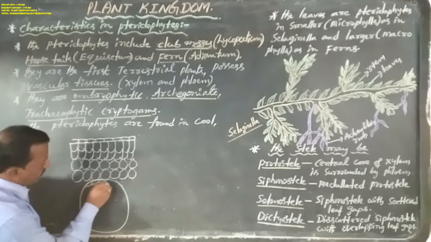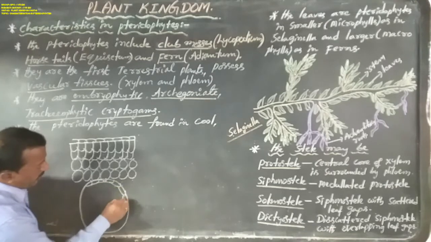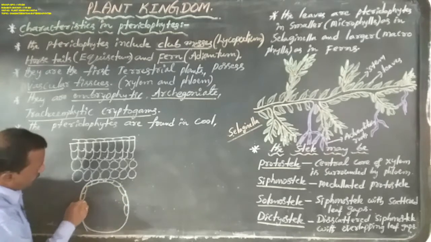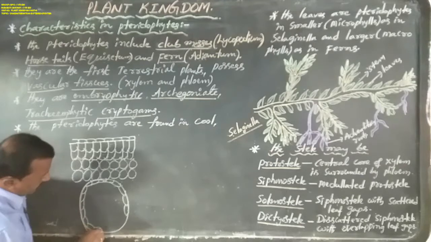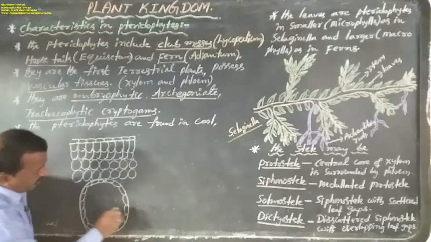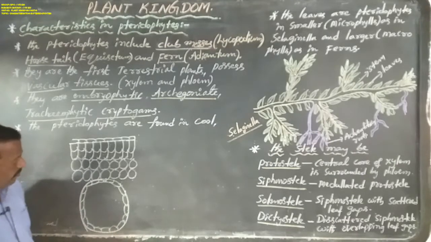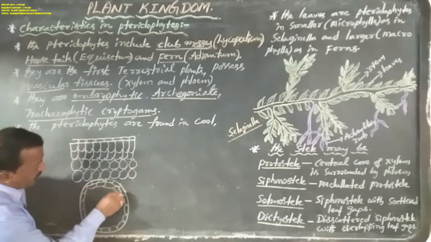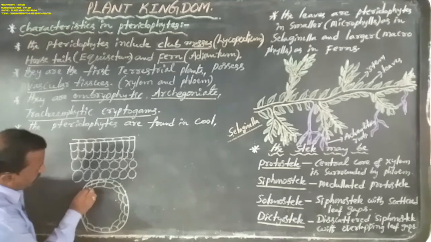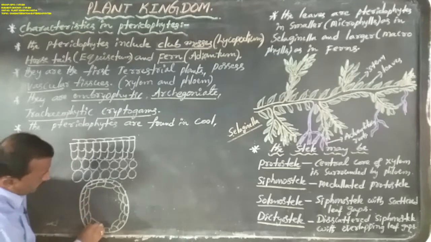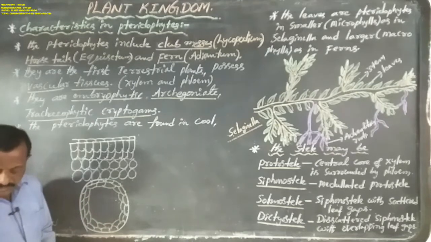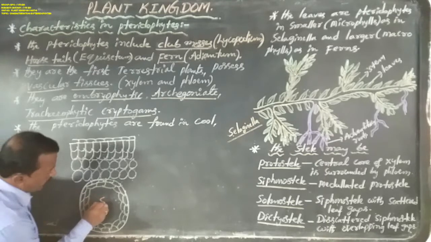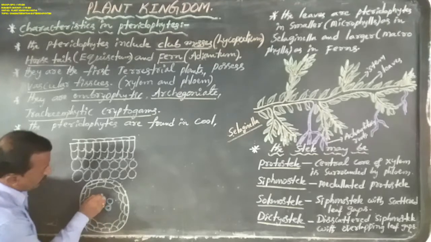The vascular bundle first shows the endodermis, and this is the pericycle.